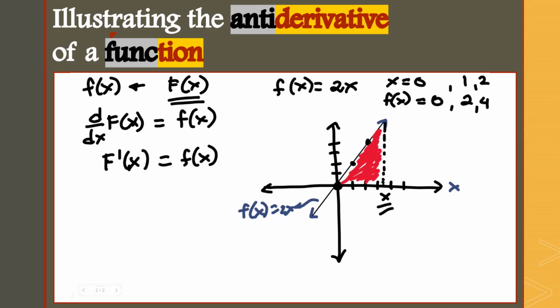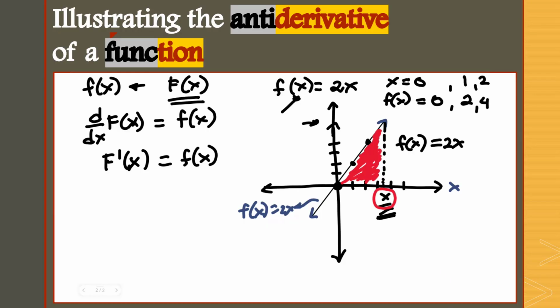Now, the antiderivative is actually related to the area because when we come up with our x point, the value of y would be plugged in here. This is our f of x, or in this case 2x for every x value.